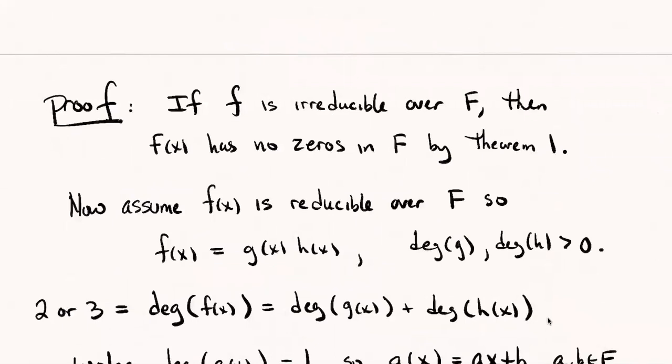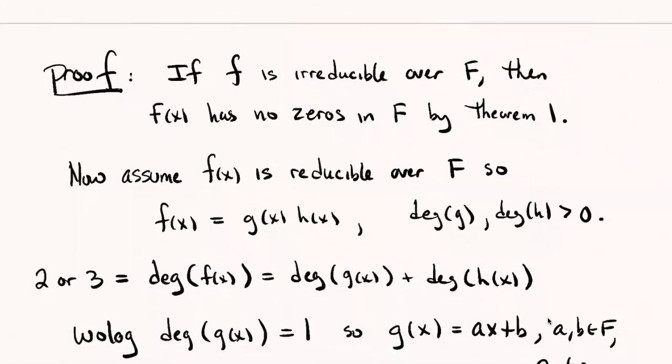I didn't write it, but I should write it somewhere. So here both g and h have the same kind of coefficients that f does, and neither one of them is a constant. Their degrees are positive.